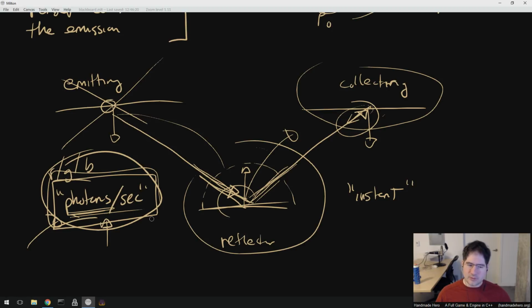So we don't really have the notion of the photons per second that are transiting through. We sort of just have a notion of the number of photons that are sitting on this surface, right? And that's kind of confusing. The difference between those two things is subtle, but it could make a difference.